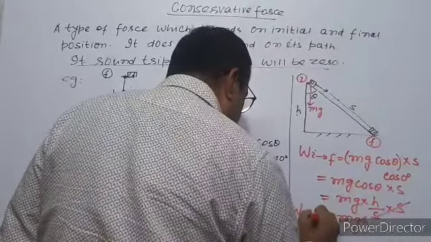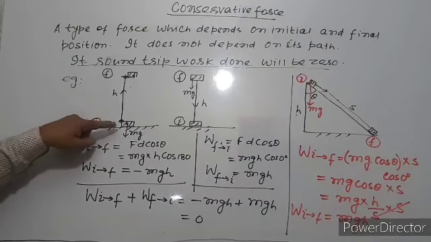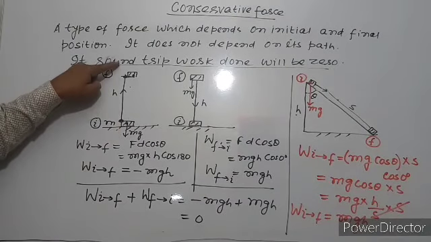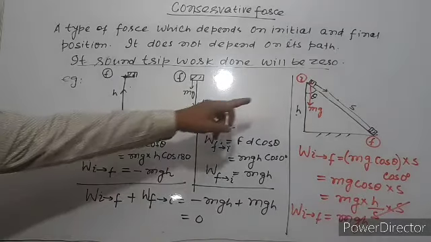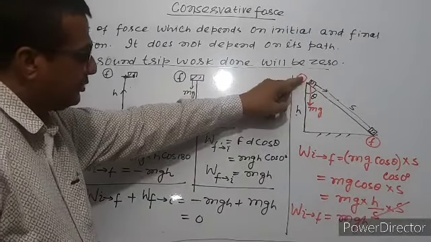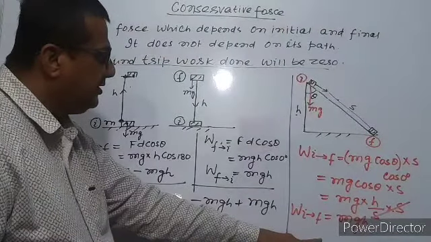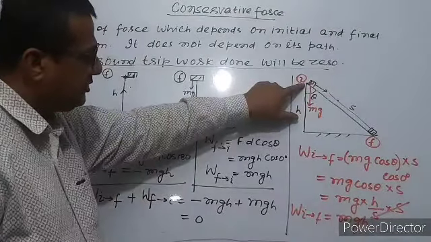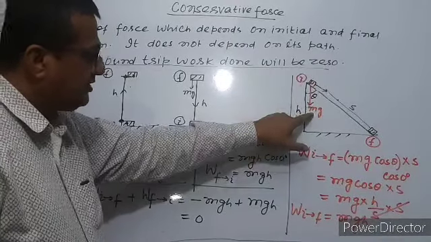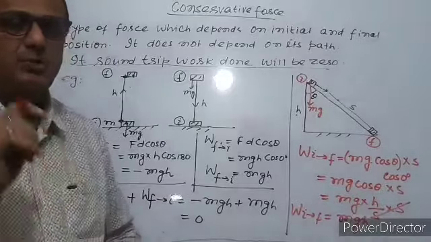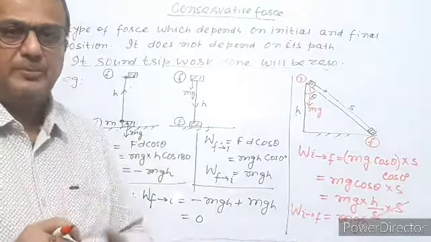So we are finding here, if the body is raised vertically upward, then work done is mgh, and again the body is dropped along this path, again the work done is mgh. It only depends on initial and final position, not on the path.